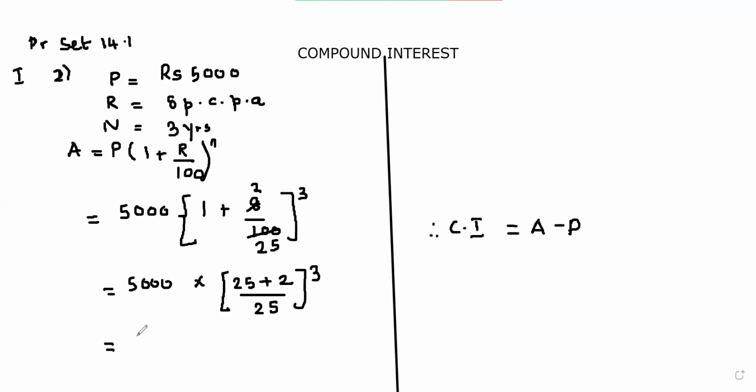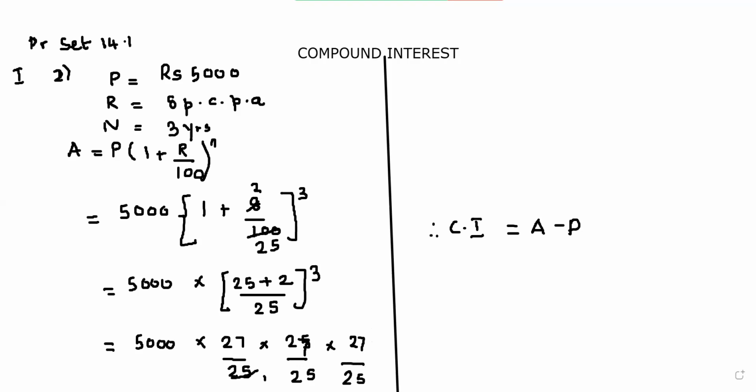So this is equal to 5,000 into 27 upon 25 multiplied by 27 upon 25, multiplied by 27 upon 25.